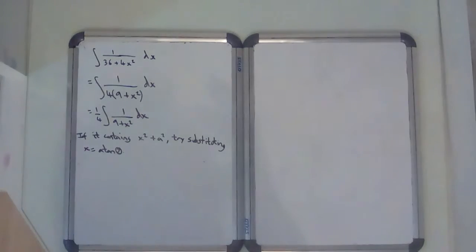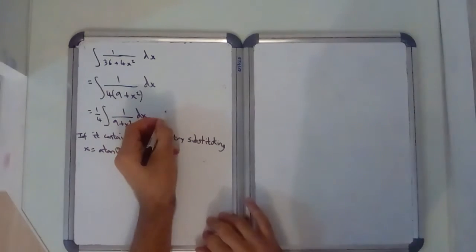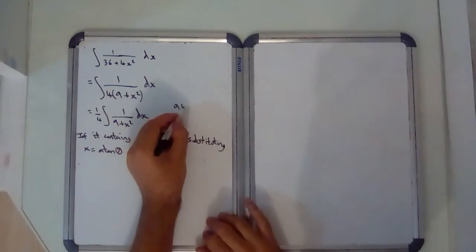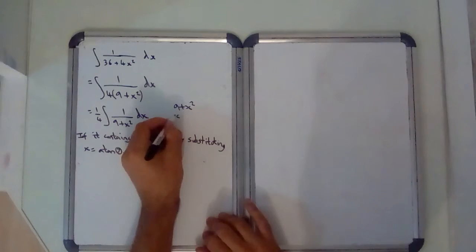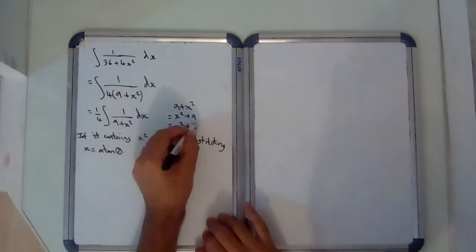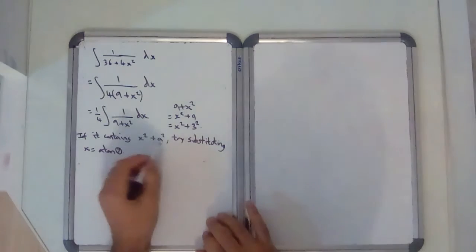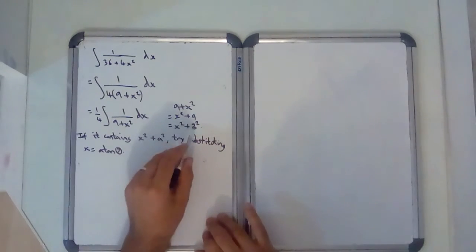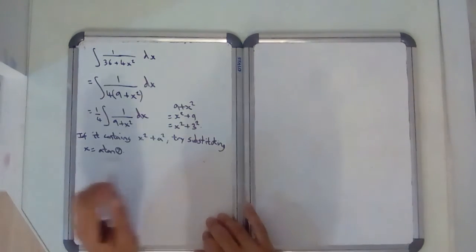So here, in the denominator, we have 9 plus x squared, which is x squared plus 9, which is the same as x squared plus 3 squared. So we do have our x squared plus a squared, where a is 3.